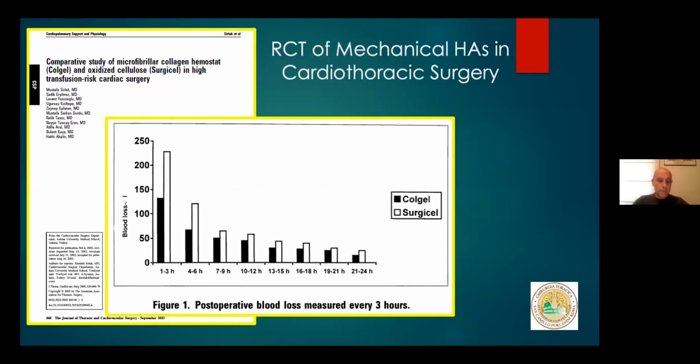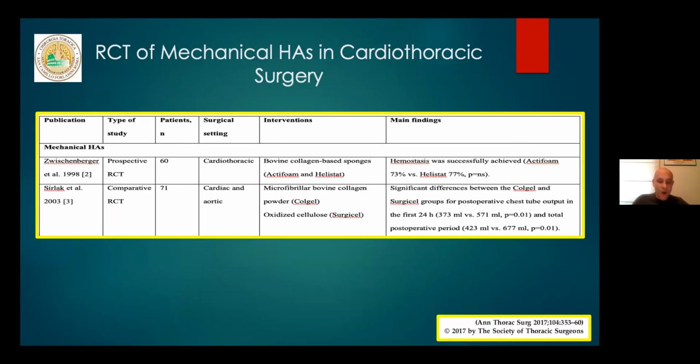The trial of CELAC, as you see, compared the efficacy of microfibrillar collagen, Avitene, and oxidized cellulose, Surgicel, in cardiac operations with a predicted high risk of bleeding.